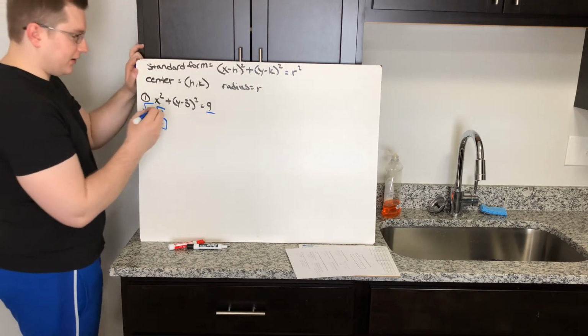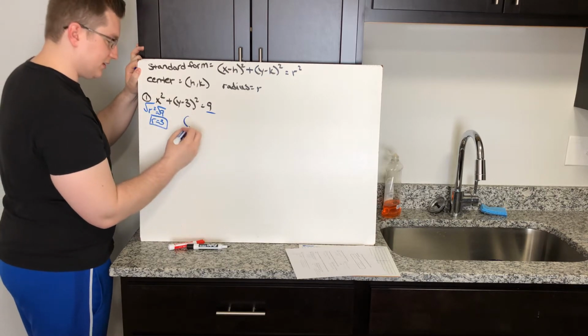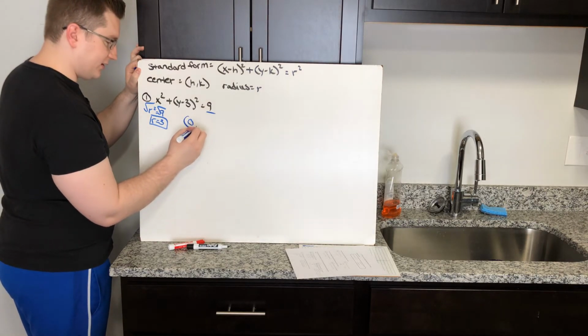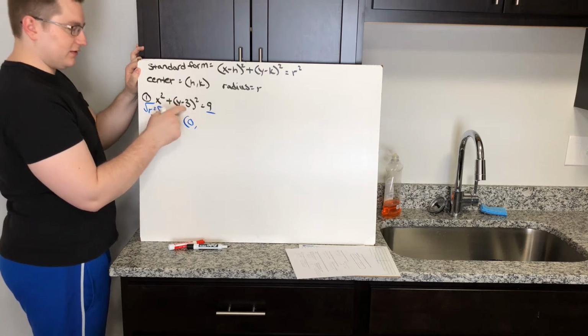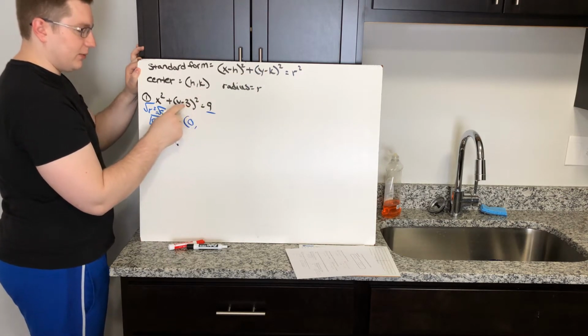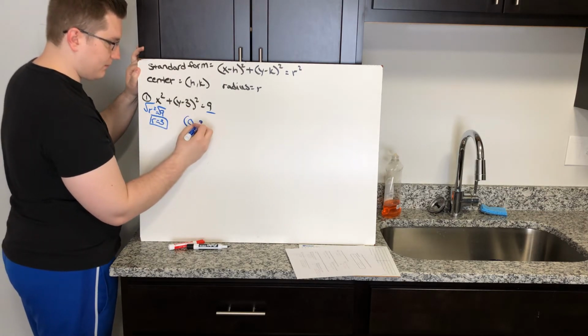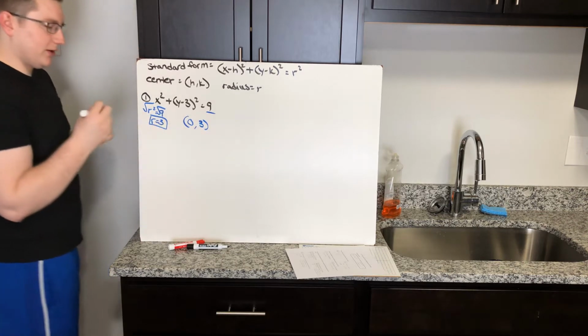And to find the center, I'm going to look first. I don't have anything with the x, so I'm going to say the x value of my center is 0. And I'm going to look at this 3. Notice it's minus k, and I have minus 3. Whenever you have a minus, you just take the opposite. So instead of negative 3, I'm going to have positive 3. (0, 3) is our center.